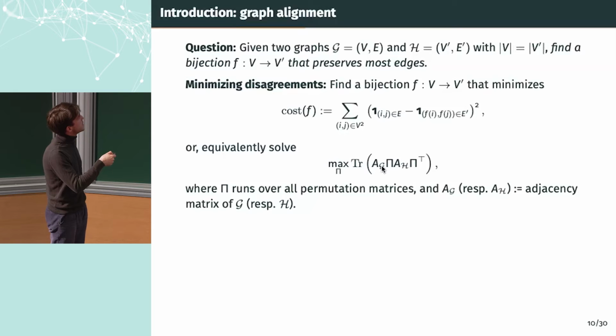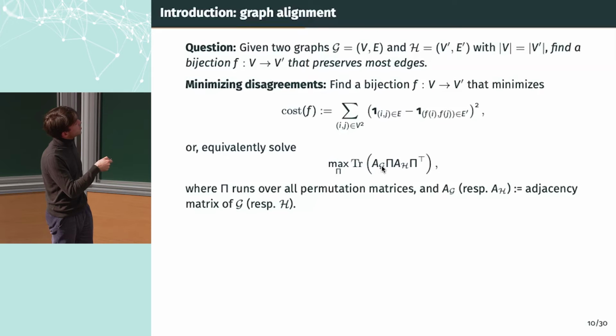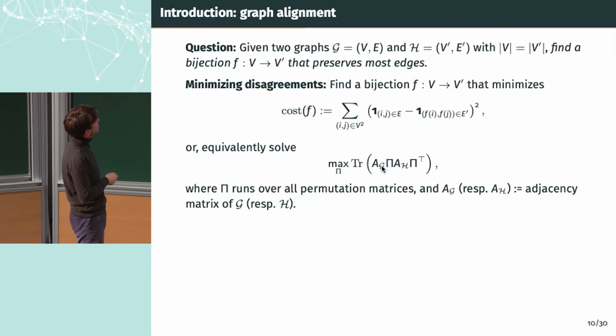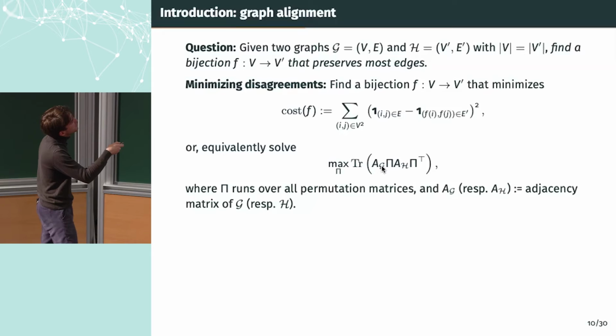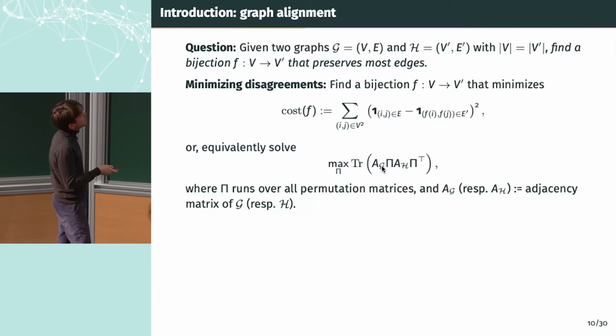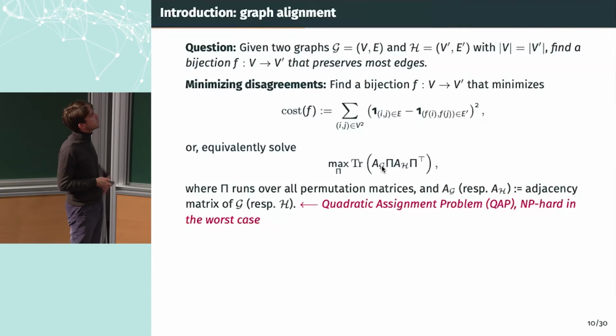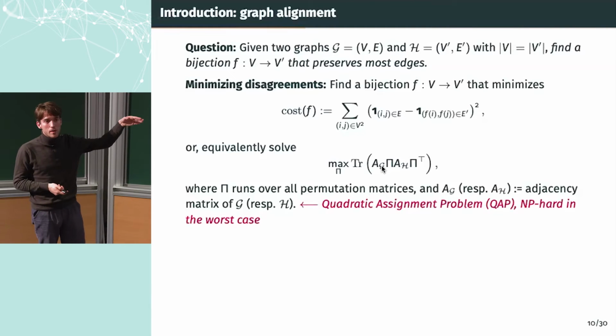Another way to rephrase this problem is as a maximum optimization problem. You see the function, where A_G and A_H are just the adjacency matrices of the graphs. This formulation is an instance of a famous problem in the literature, called the quadratic assignment problem.